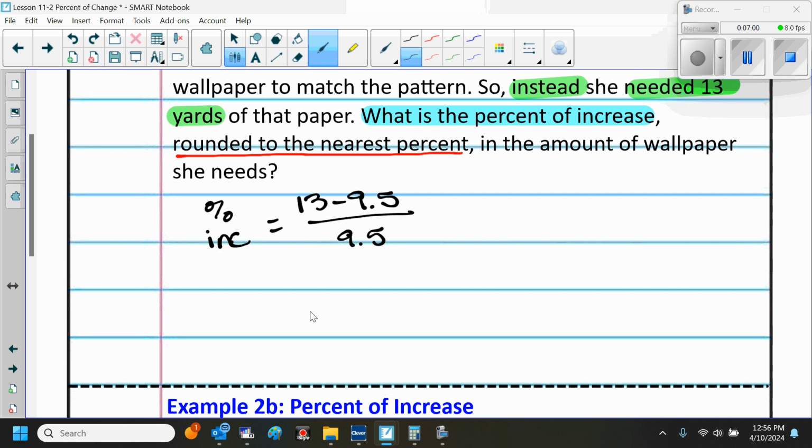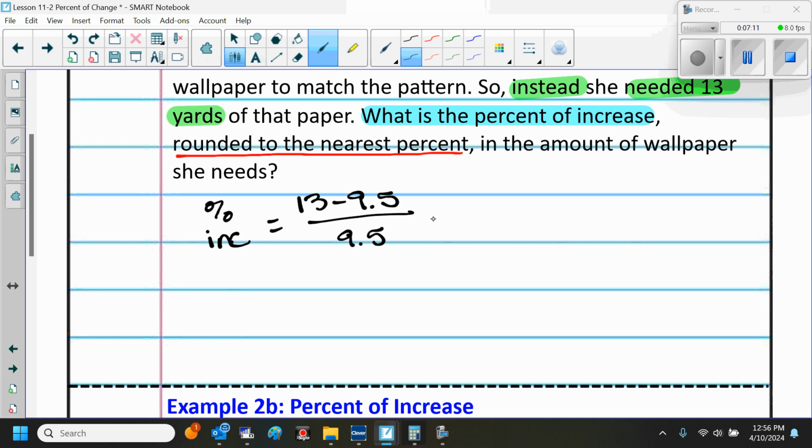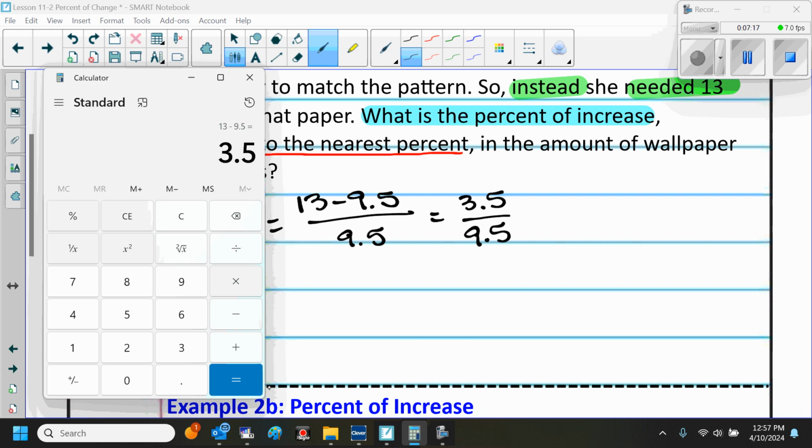So we've got 13 minus 9.5, 3.5. I'm going to write it over here. Divide by the original. So since that's already in the calculator, divide by 3.5, and that's going to give us, okay, so from here, you guys, again, I like to put 4 to 5.